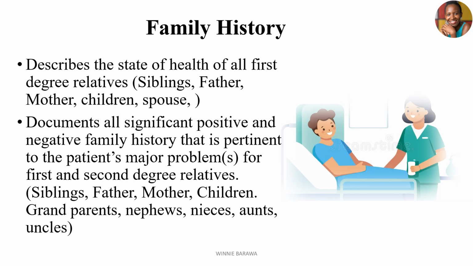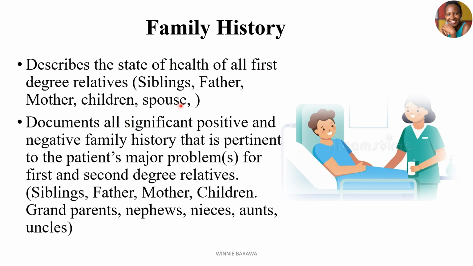So how is family coming in here? In family, you want to determine if there's, let's say, a congenital illness that could be related, or a genetic familial history that could link to the current medical or surgical diagnosis that the client has. So here, we are describing the state of health of mostly all the first degree relatives.